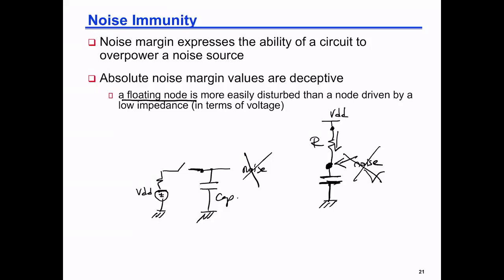Sometimes in dynamic logic or dynamic design, we charge a circuit, and if we let it float, we wait for some path to evaluate and pull it down. But if noise falsely pulls it down, then we might interpret it as an evaluate and we cannot recover from the noise. So this is why we are saying that noise margin is deceptive, because really there are floating nodes that are more susceptible to noise, and we need to know in what context we are operating.